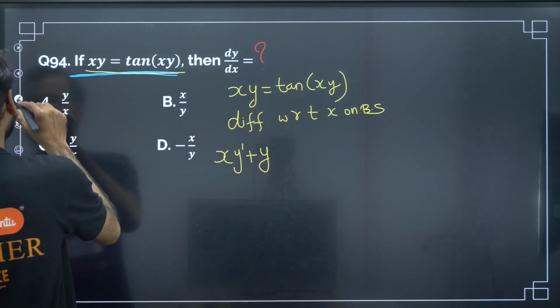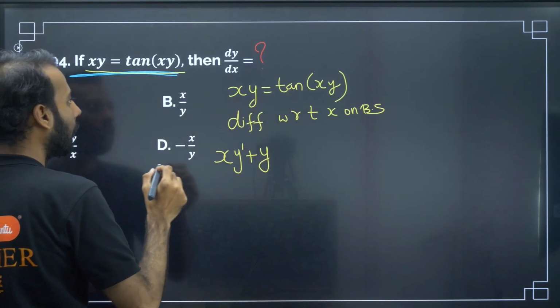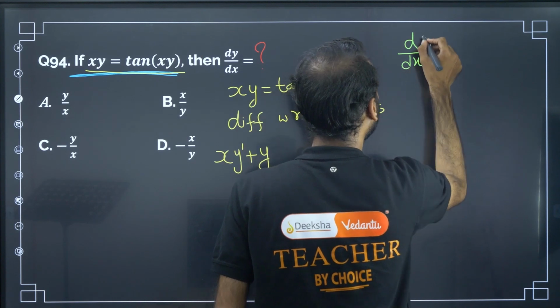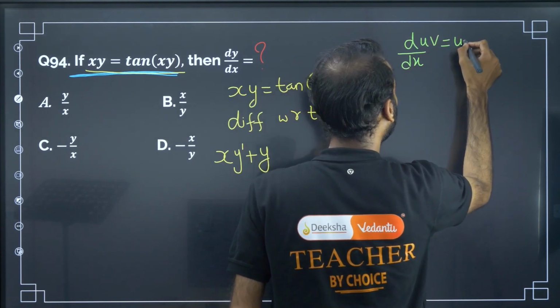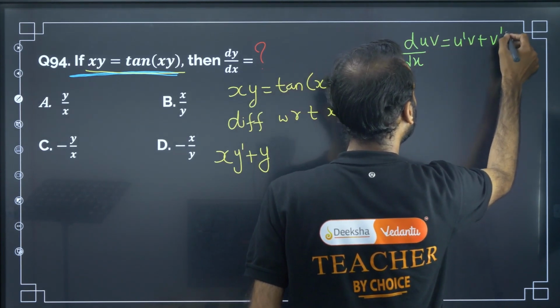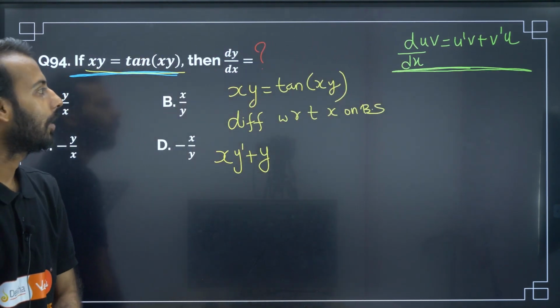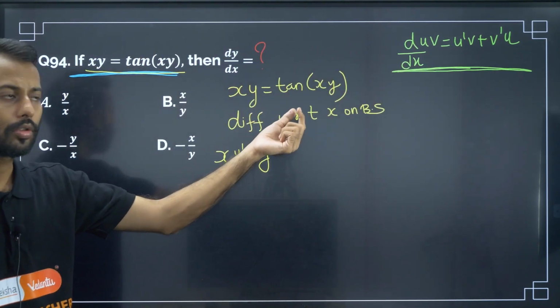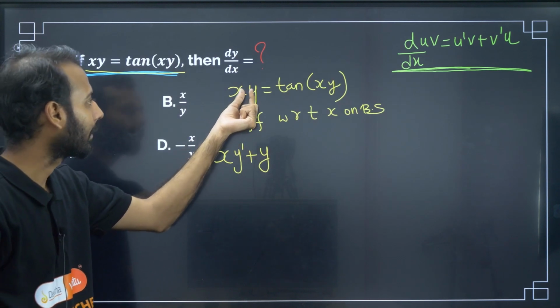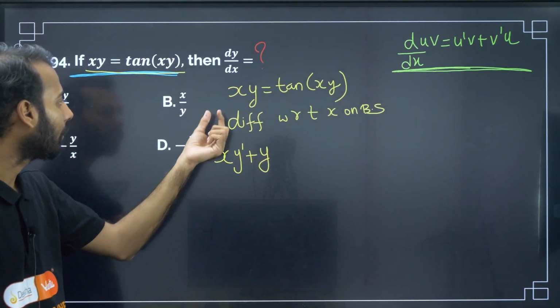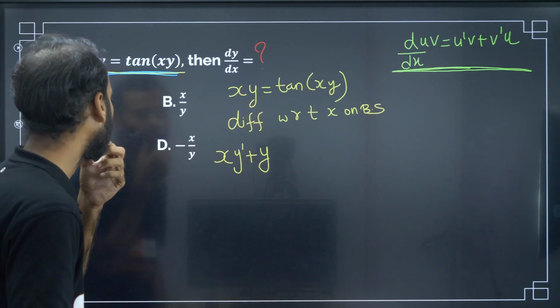In my previous videos I have already explained, and you should be knowing on your own, d by dx of uv is u dash v plus v dash u. This looks like x times y, so I have differentiated the two functions.